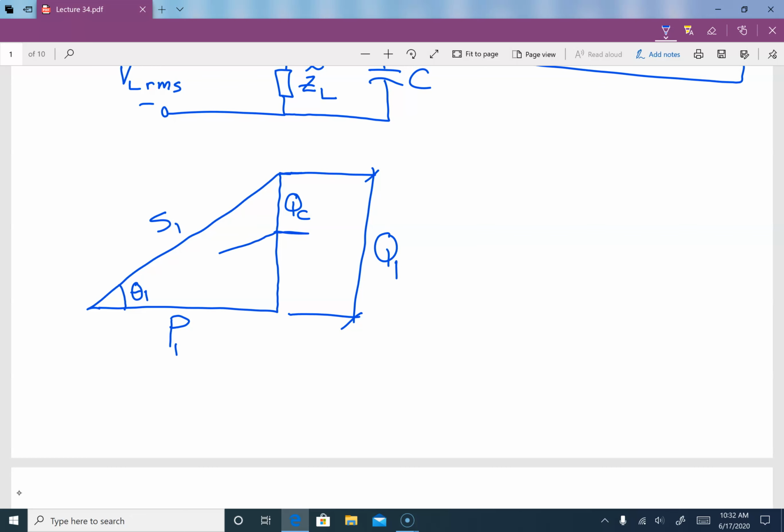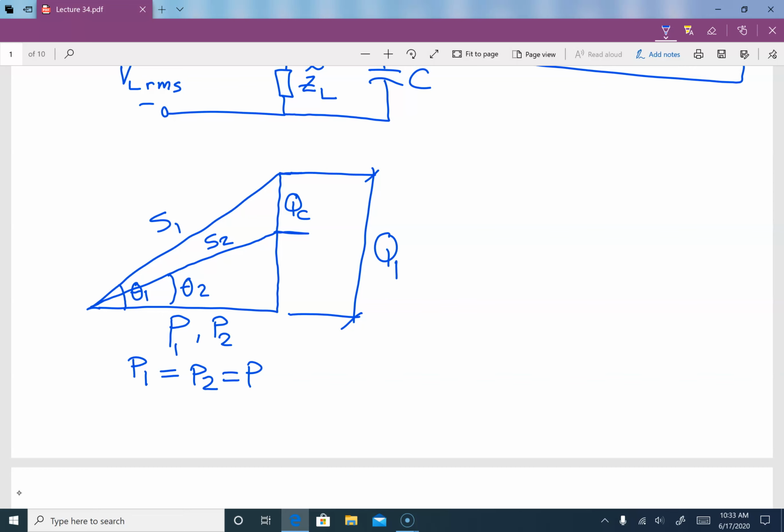Then we will have our theta 2 here, our S2 here, and this is our P1, P2, which means that in this case P1 is equal to P2, and we can say that is equal to P, because look at this, the value that we change is the reactive power, so we did not touch the real power at all.